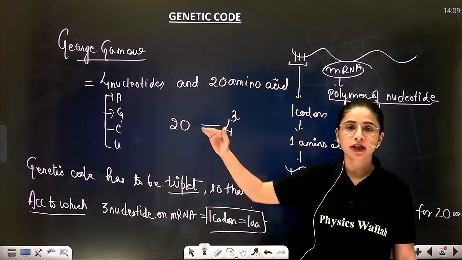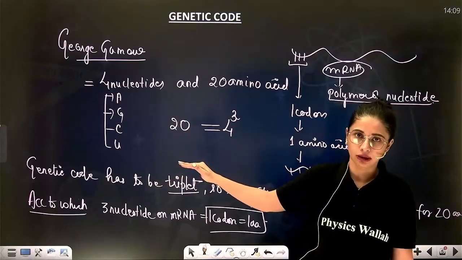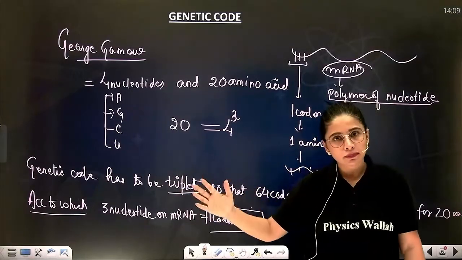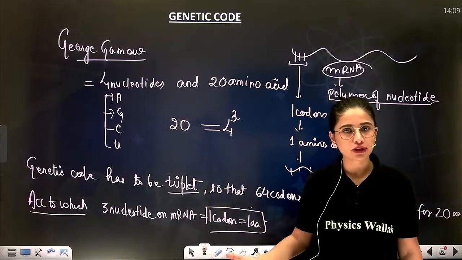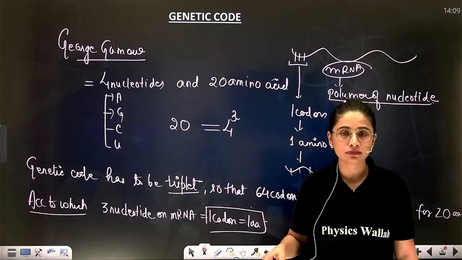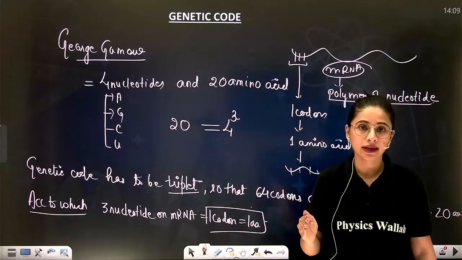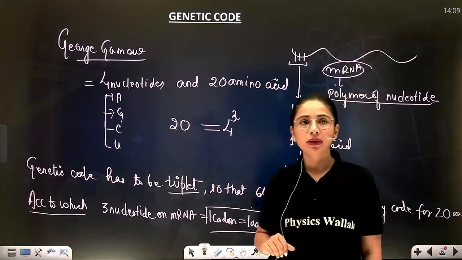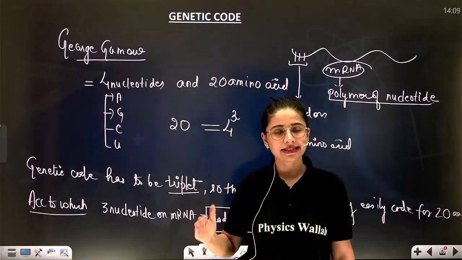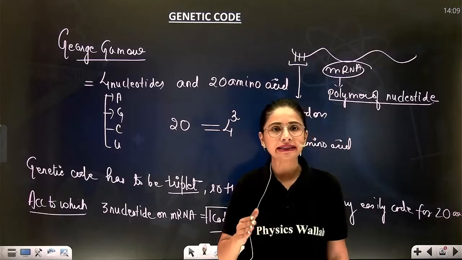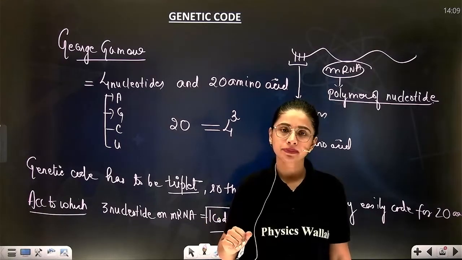Why? Because there are 20 amino acids and 4 nucleotides. Singlet cannot be possible, doublet not possible, triplet genetic code is more than sufficient, because a triplet genetic code means 64 codons can be coded, and like this we get the answer that yes, 64 codons are more than sufficient for coding your 20 amino acids, right?